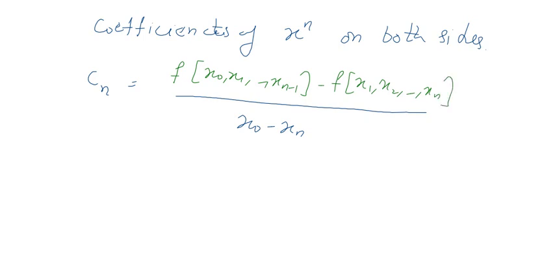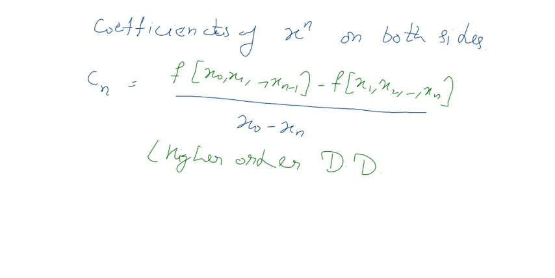Hence the result follows. So these are called higher order divided differences. So this is the nth order divided difference. Similarly you can write for the kth order divided difference.